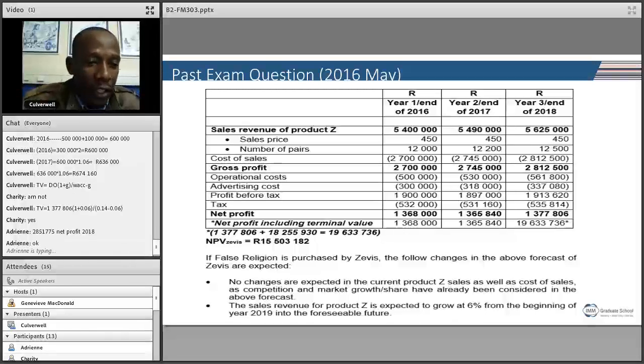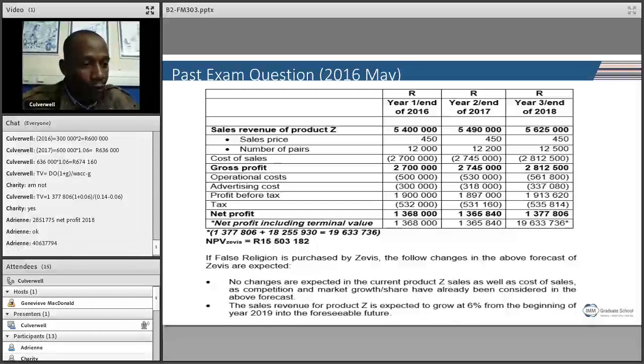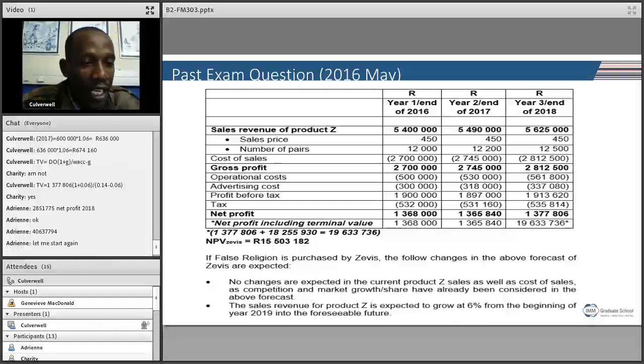Let me quickly see what she has. Just the net profit including terminal value, and also 2016 and 2017.